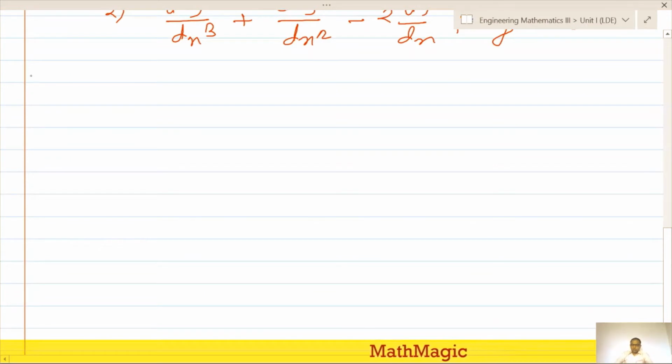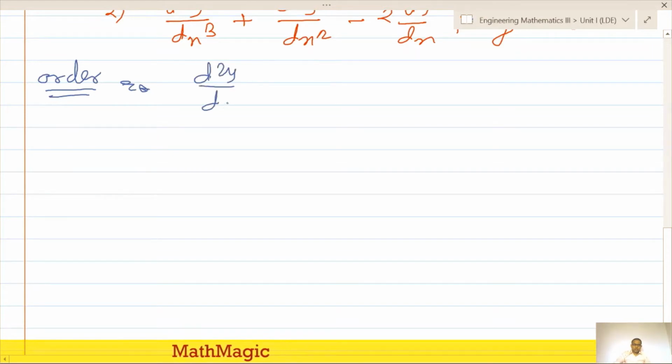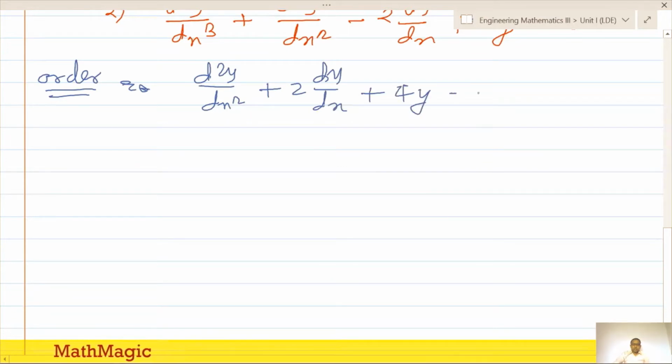So what is meant by order of the differential equation? Let us consider the example first: d square y by dx square plus 2 dy by dx plus 4y equal to 0. How many differential coefficients are here? Two.